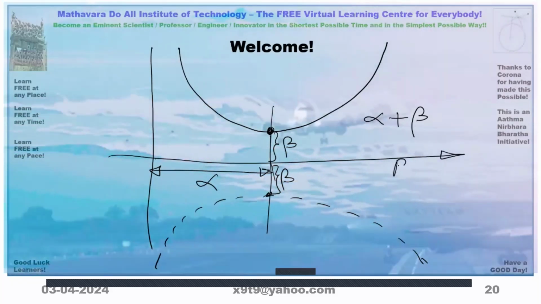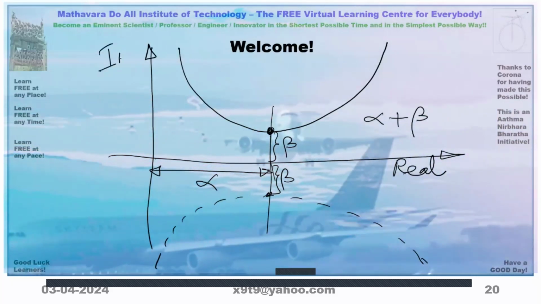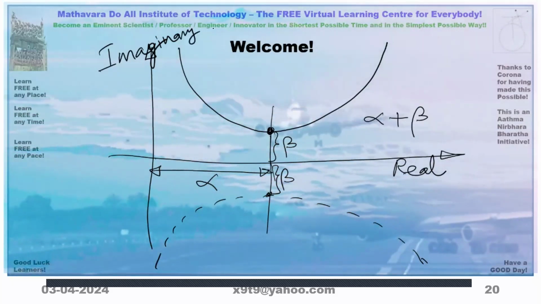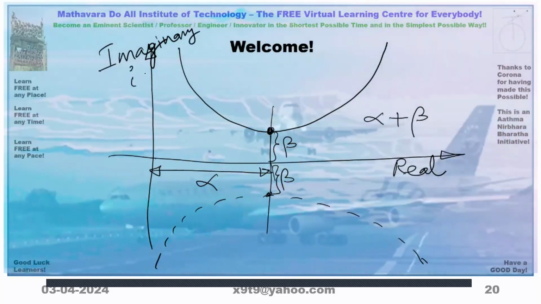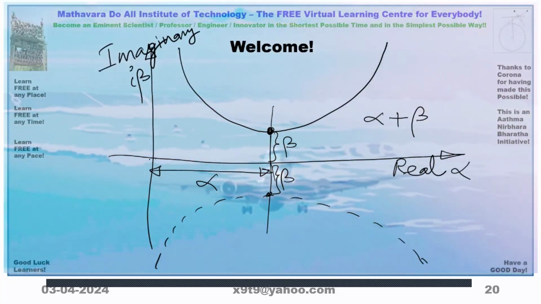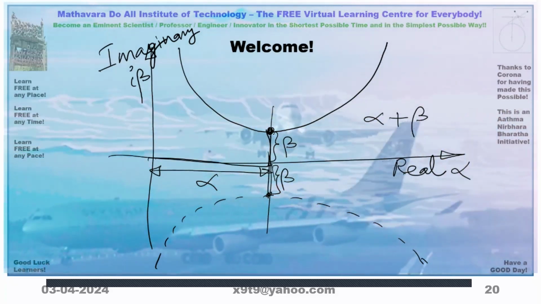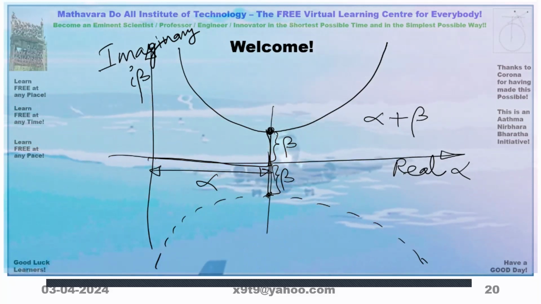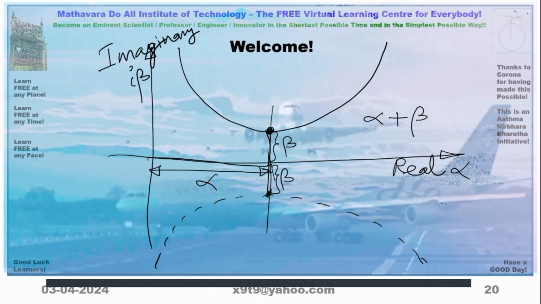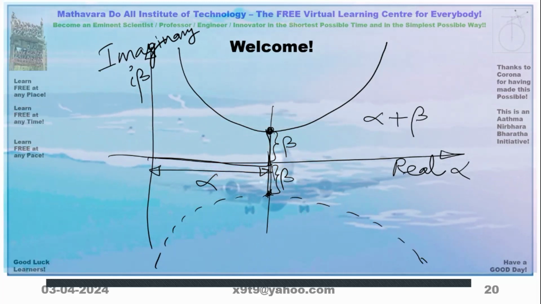And this axis is called the real axis. This axis we call the imaginary axis. So here that i beta will be there. Here alpha will be there. So we'll write alpha here and beta there and beta here also. At equal distances, you find 2 points. So these are called the imaginary points, and the root is called the imaginary root.